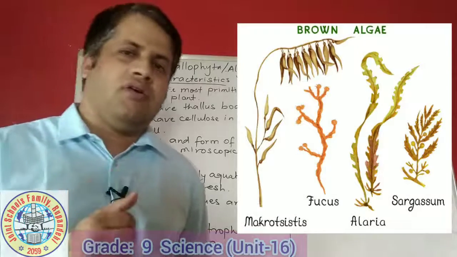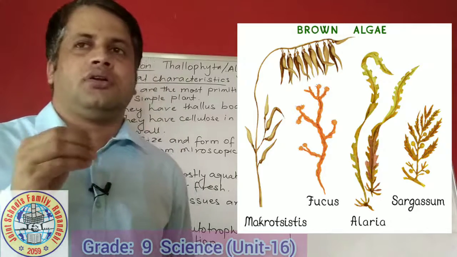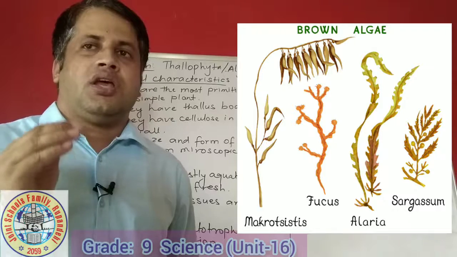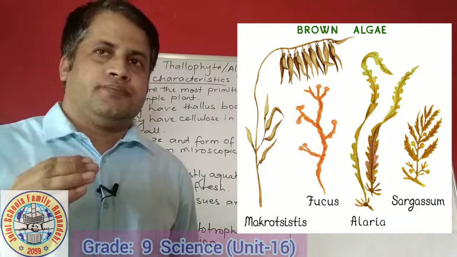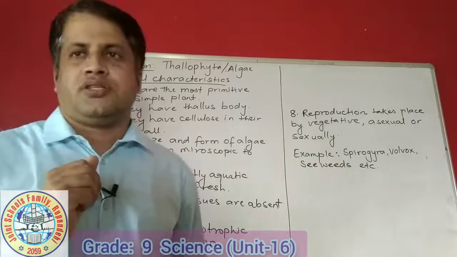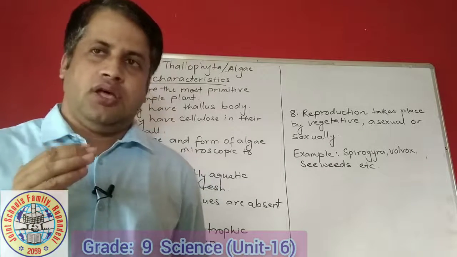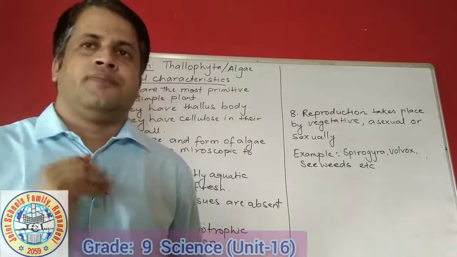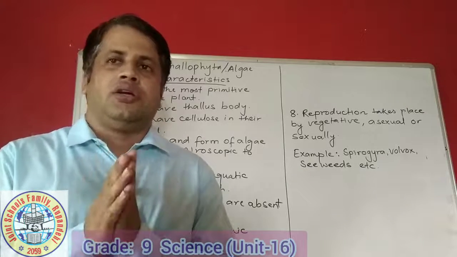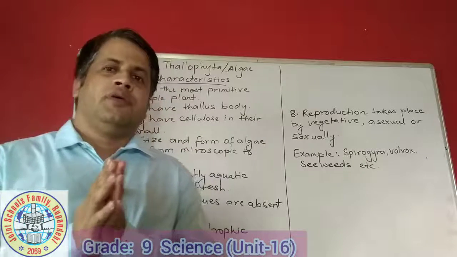Some types of algae are brown in color, which gives brown algae like Fucus and Sargassum. Examples of red algae are Batrachospermum and Polysiphonia. Green algae include Ulothrix and Spirogyra.